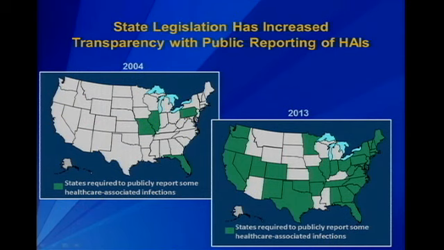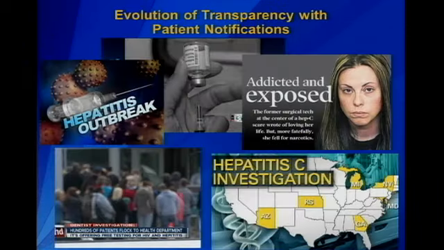Also, there has been a trend towards state legislation to increase the transparency around public reporting of healthcare-associated infections, which I know the folks in this room are very aware of. And also, there's been an evolution of transparency with patient notifications, a lot of those happening, and a move to really being transparent about what's happening in healthcare facilities.